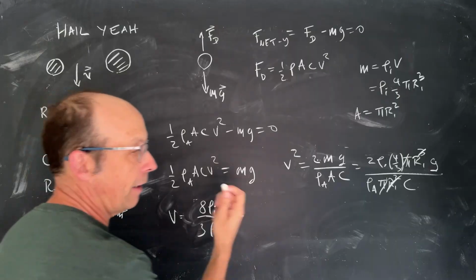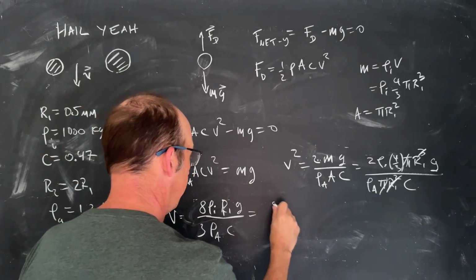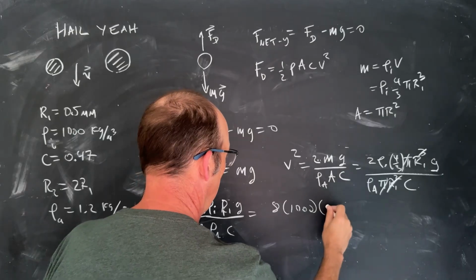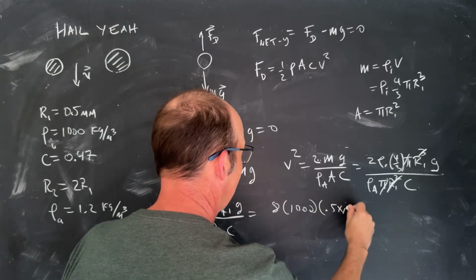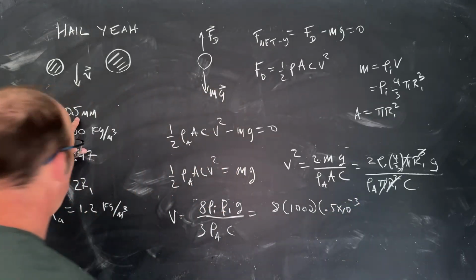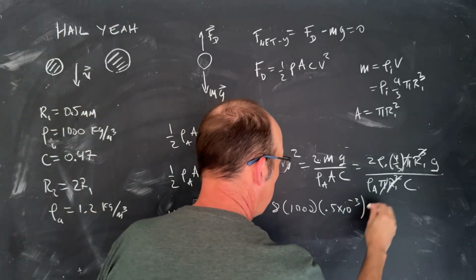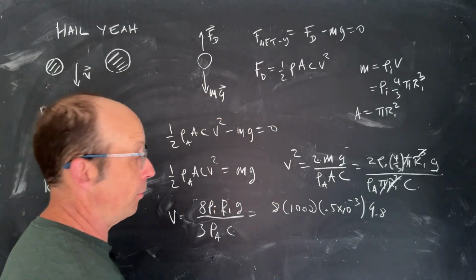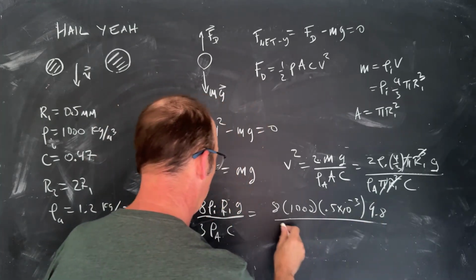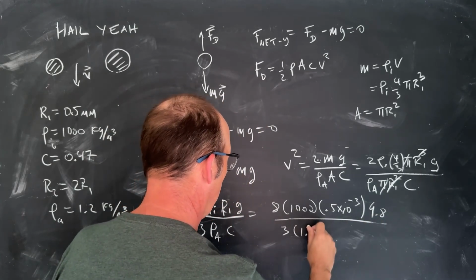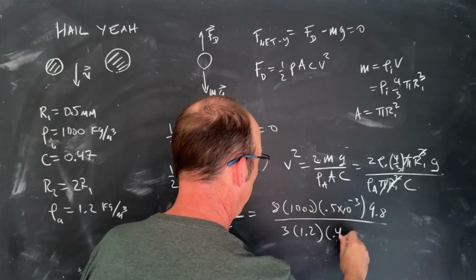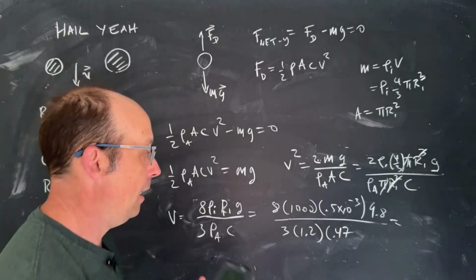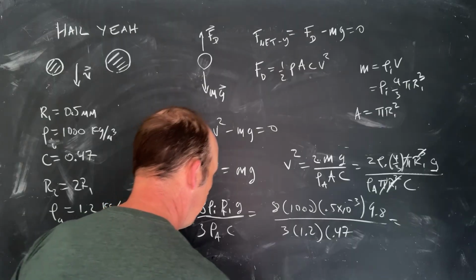I'm not even going to use Python. So let's put this in as 8,000 times 0.5 times 10 to the negative 3, right? That's 0.5 millimeters. G is 9.8. I have to convert it to meters because my density is in kilograms per cubic meter. All that over 3 times the density of air, 1.2 times 0.47. And let's calculate that in the calculator. Oh, there's a square root there.